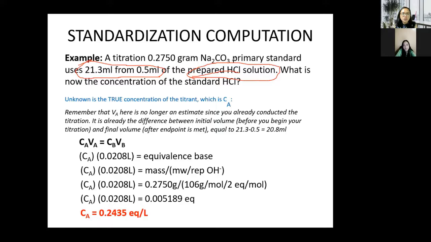So how are we going to compute? We have here CAVA is equal to CBVB. This time, we use acid and base, the A and the B, because this is already the titration procedure. The acid is different from the base. From here, we have CA, the true concentration of our titrant.